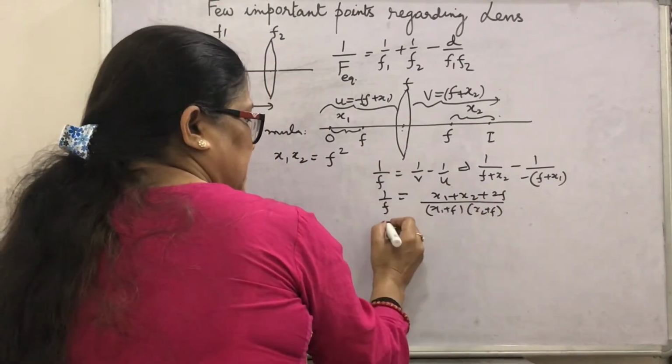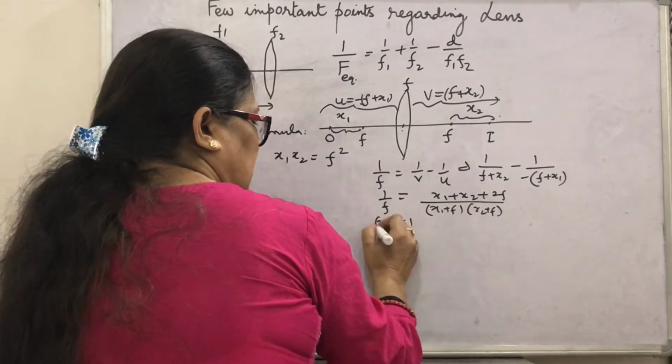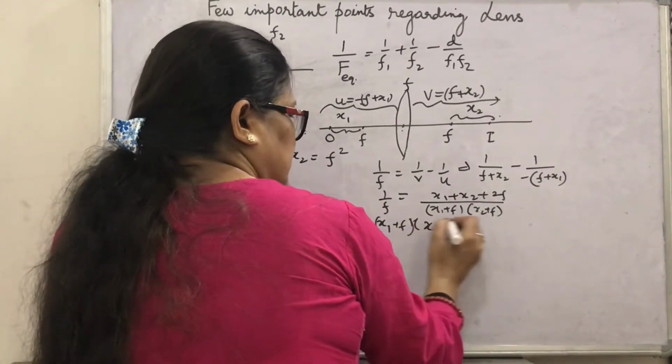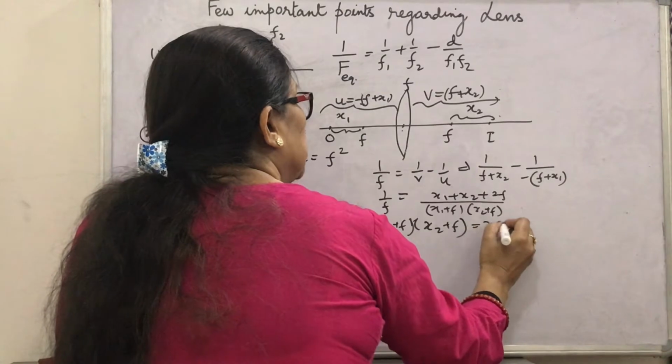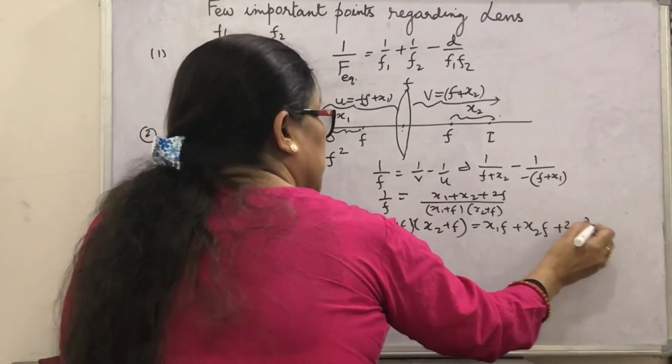Take the cross multiplication, so you will get x1 plus f into x2 plus f equal to x1f plus x2f plus 2f square.